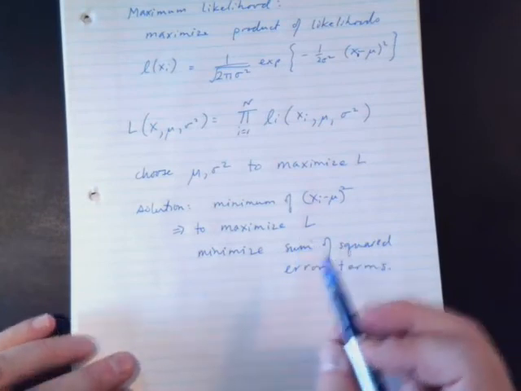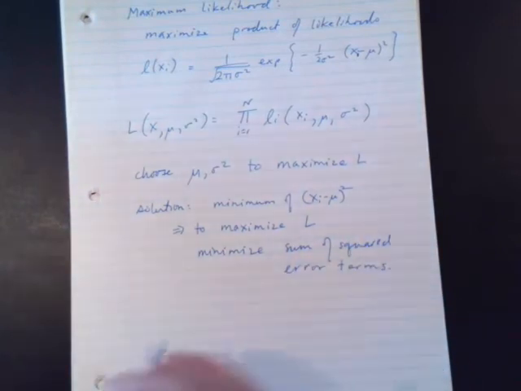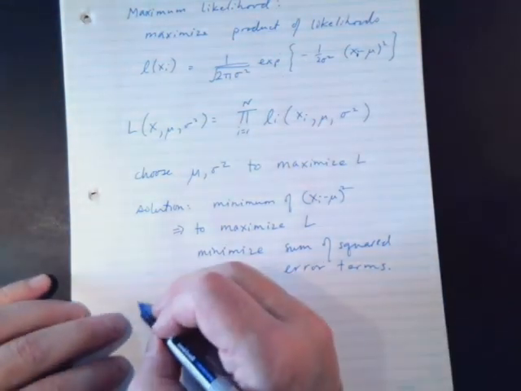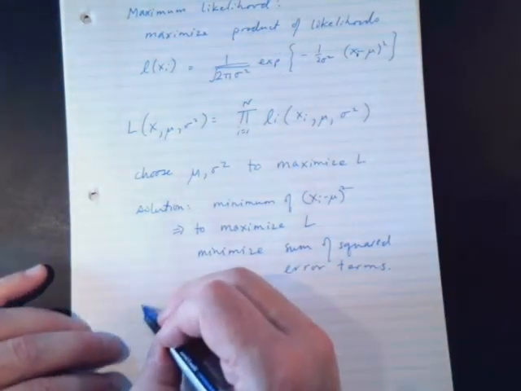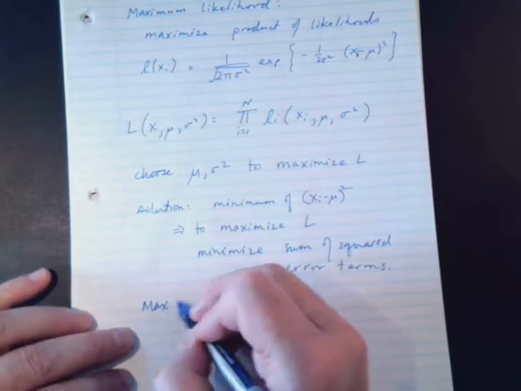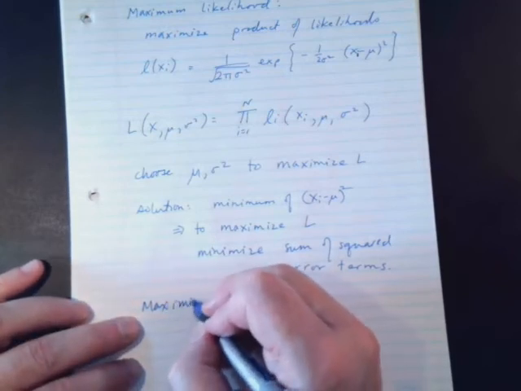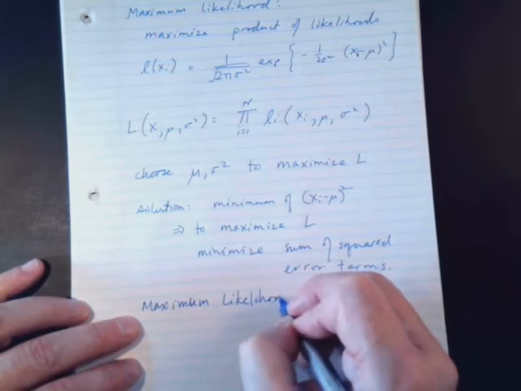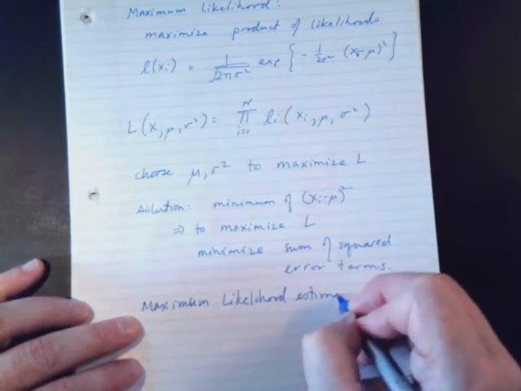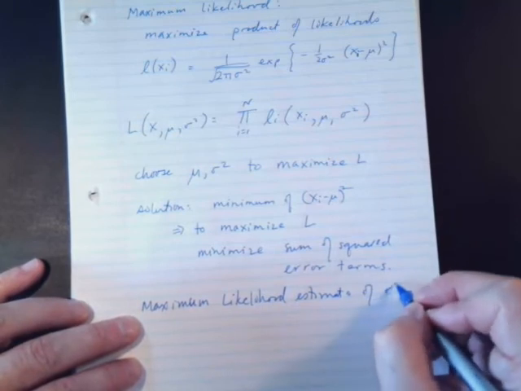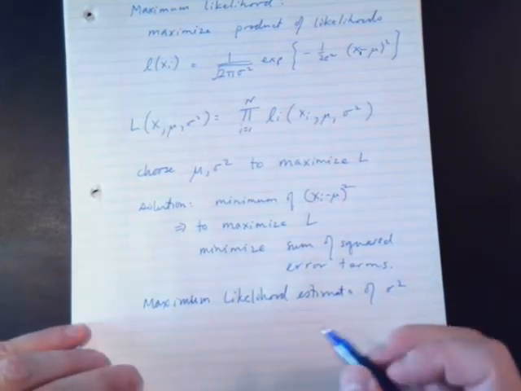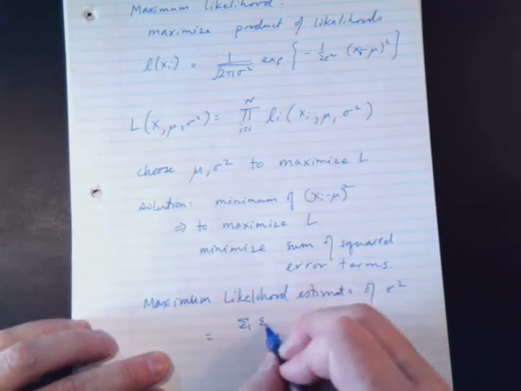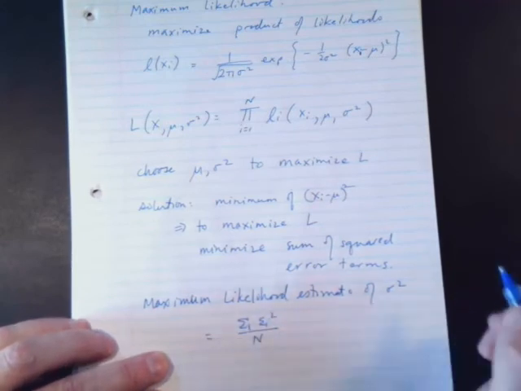However, the variance is a little different. The maximum likelihood estimate of sigma squared is the sum of the error terms divided by n.